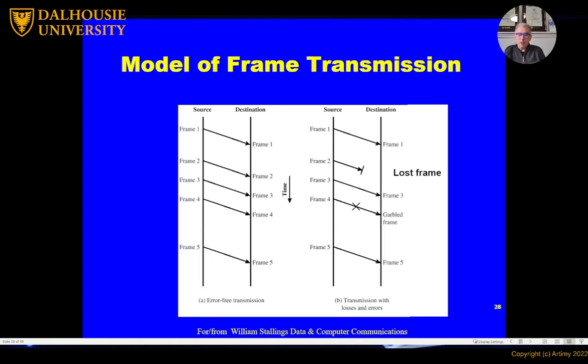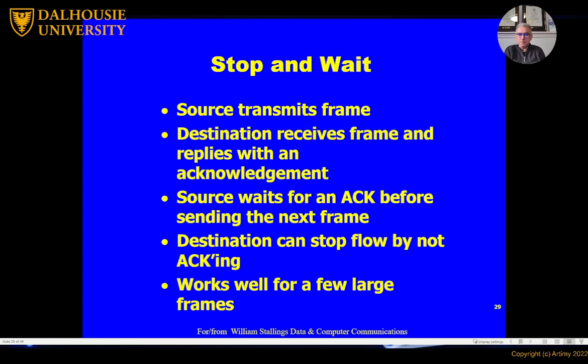So the packet never arrives. Sometimes the frame or the sequence of bits arrives, but with errors. And that's where we use all these detection techniques that we talked about, right? So the left side is the ideal scenario, while the right side is more realistic.